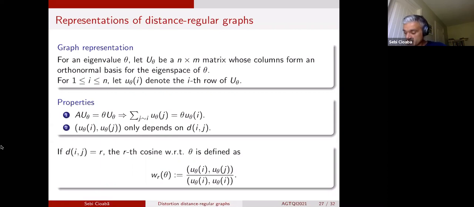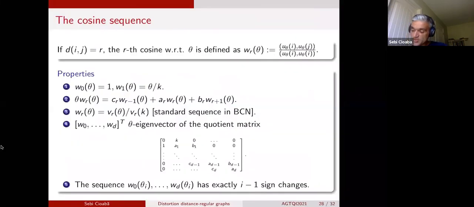These are some of their basic properties. These cosine sequences are called standard sequences in BCN. They also correspond to various formulations, but basically W0 to WD is a right eigenvector corresponding to theta of this quotient matrix. And there are many properties.